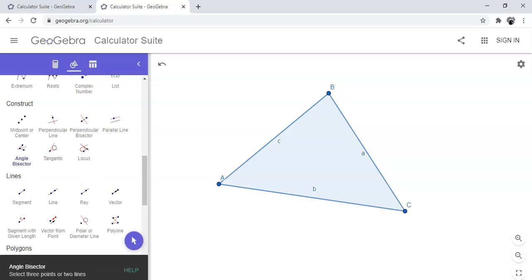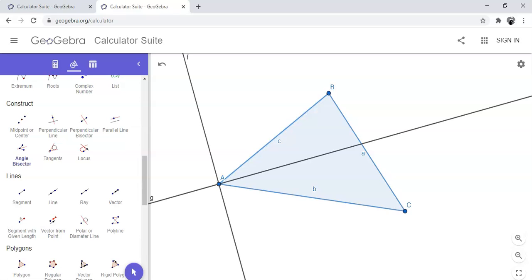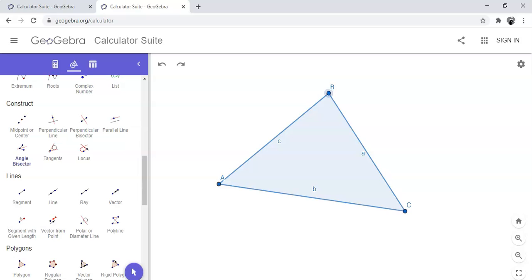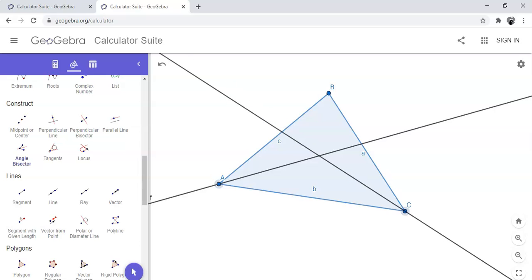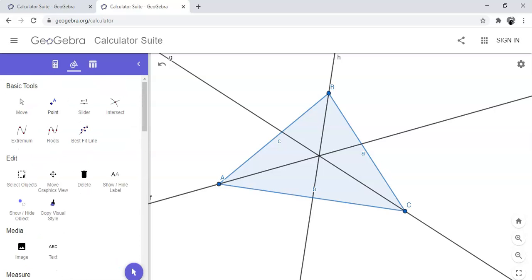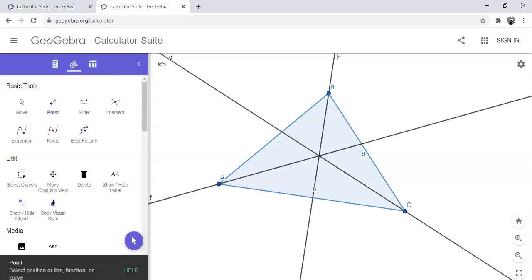And this time I'm just going to use sides. So bisect, that does not work. All right, so I'm going to use angles, points. So I got an angle bisector of A, angle bisector of C, and an angle bisector of B. And note that they are concurrent. They meet at a single point in the triangle.